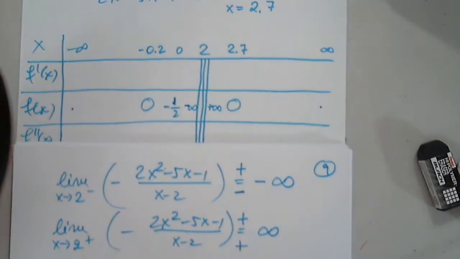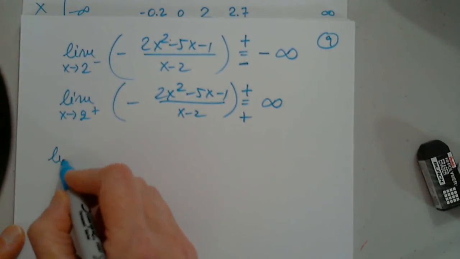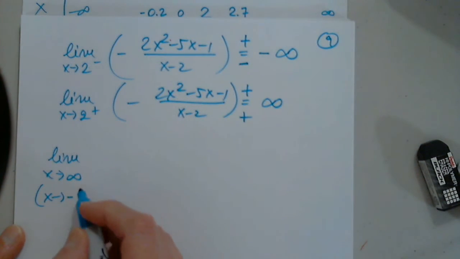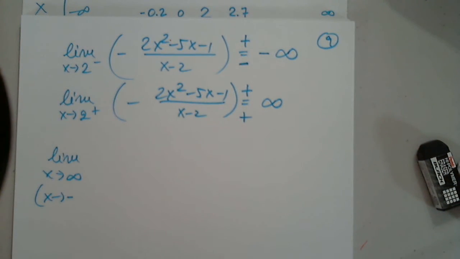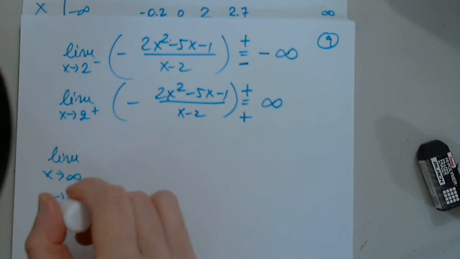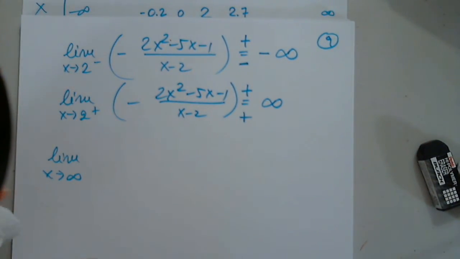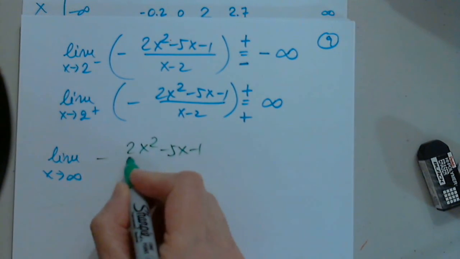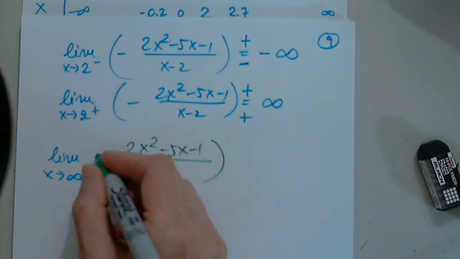Now I need those limits. So the limit as x approaches infinity will not make any difference. Oh, it will. It will make a difference. I was thinking of a slant asymptote, of course, it will make a difference. Of negative 2x squared minus 5x minus 1 divided by x minus 2.